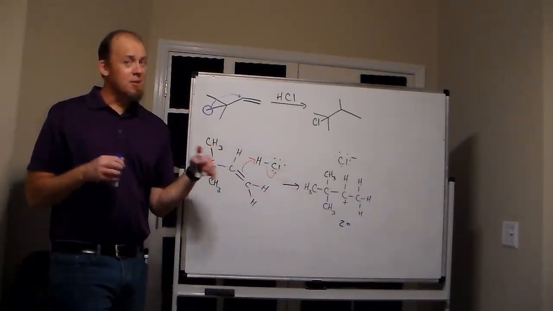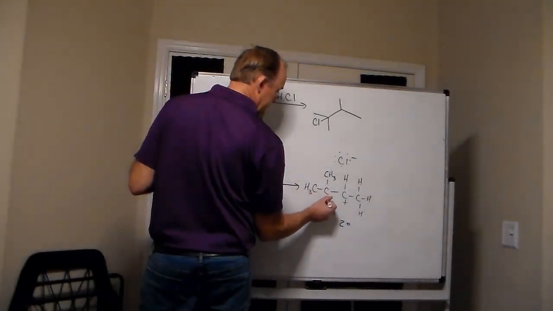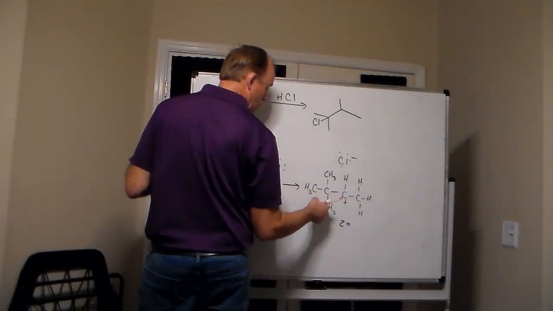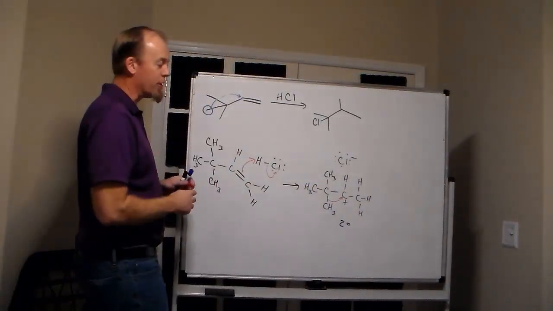So what happens here, again, this is called a methylene shift. One of these methyl groups and its bonding electrons slides over to the carbon.